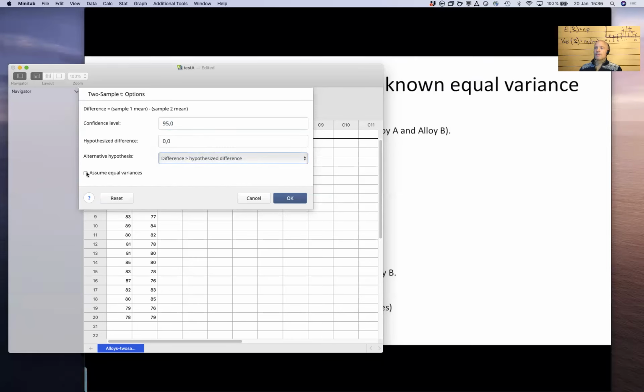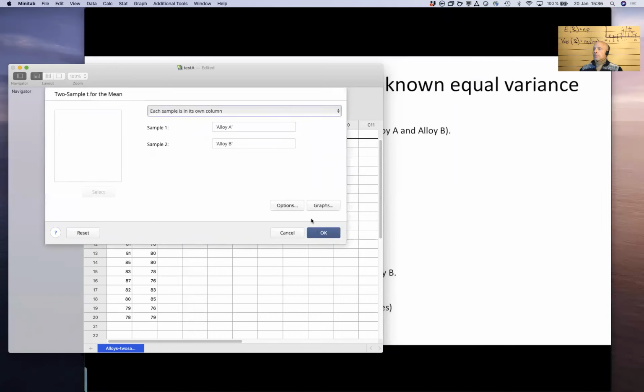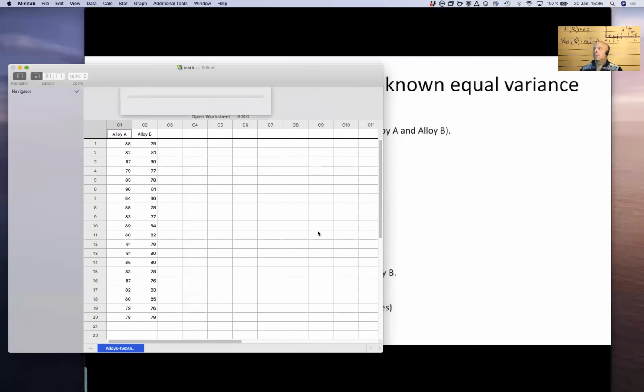Assume equal variances. We will check this because we say that we estimated the variance based on S pooled. There's some graphs. Do we want to take out some graphs? Maybe we can have a box plot of the two samples. And then we just run here and see what we get.